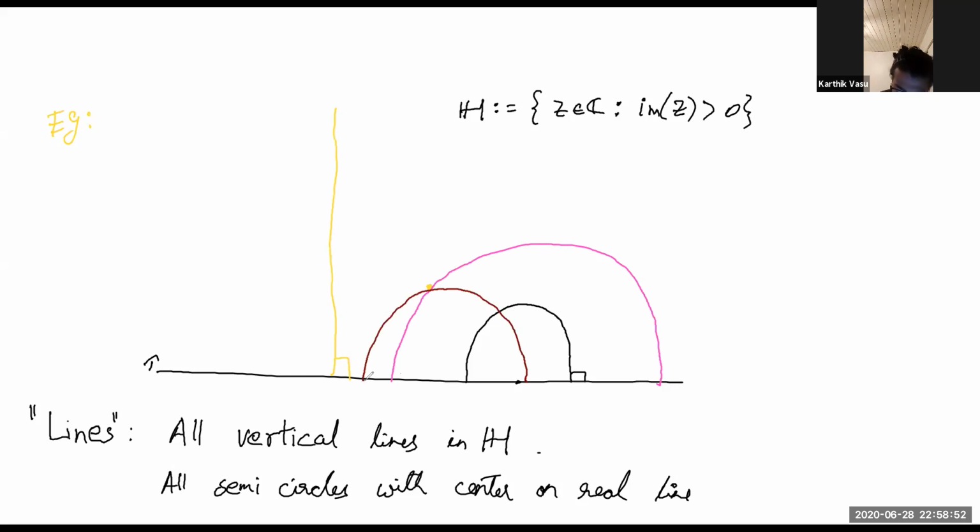For every point in between here as well, you can find a semicircle going through this point. So what happened here is you have a line and a point not on it, and you have infinitely many lines going through this point which do not intersect our line here. In my new system now, parallel also will mean not intersecting.